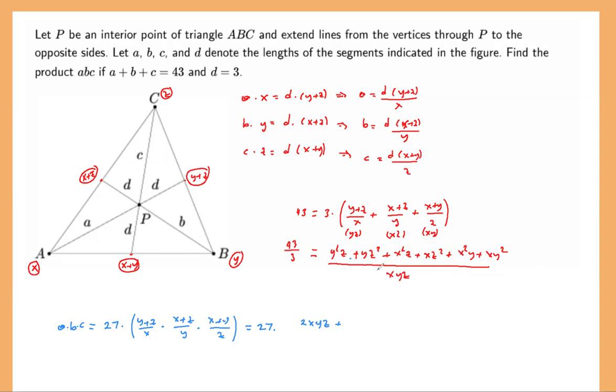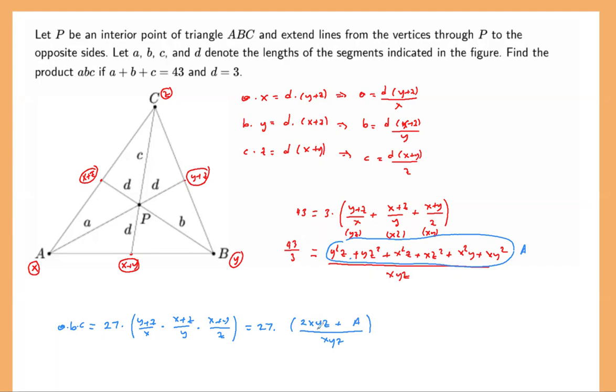I'm going to call whatever this numerator is A, because that's what you are going to get, all divided by xyz. I just named this A because I don't want to write it. And we are lucky because we know A divided by xyz is 43 over 3.